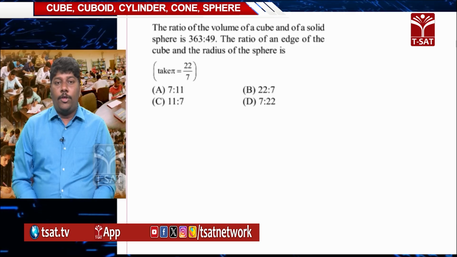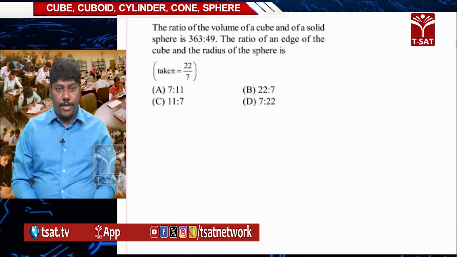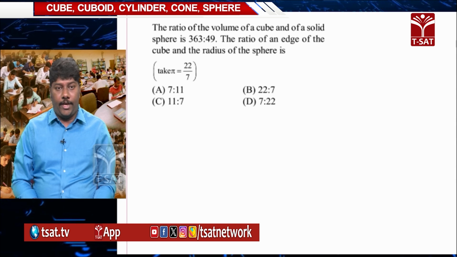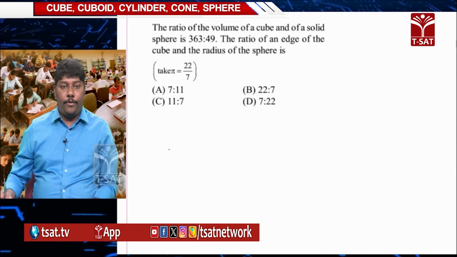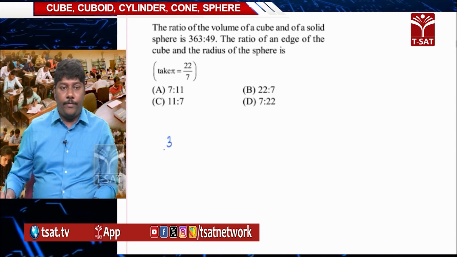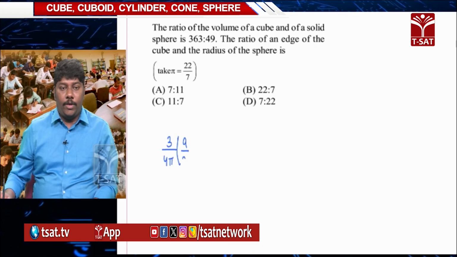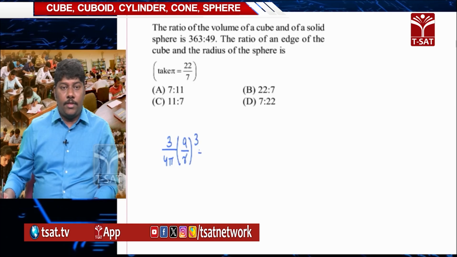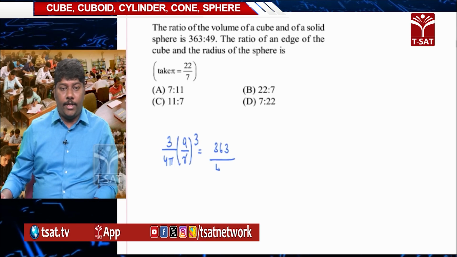The ratio of the volume of the cube and of a solid sphere is 343 is to 49. Just now we found out the ratio. So if 4 by 3 comes up, it becomes 3 by 4 pi into A by R whole cube. The ratio is 343 divided by 49.